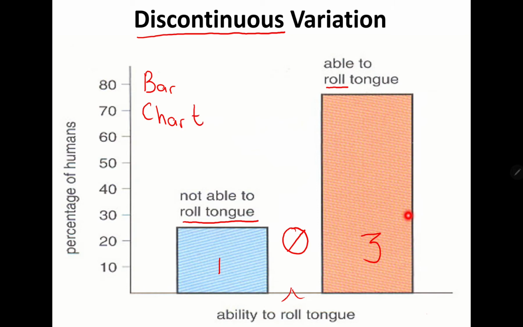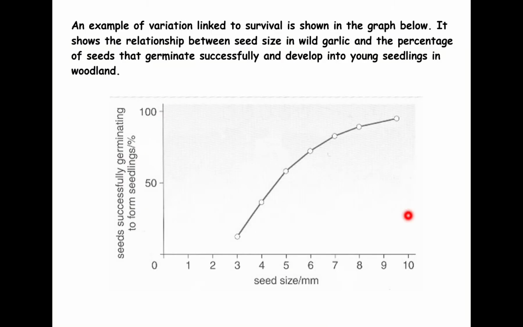Okay, so we've looked at the two different types of variation. And now we're going to look at an example of variation. We're going to be talking about the relationship between seed size in wild garlic and the percentage that will germinate successfully and develop into young seedlings.